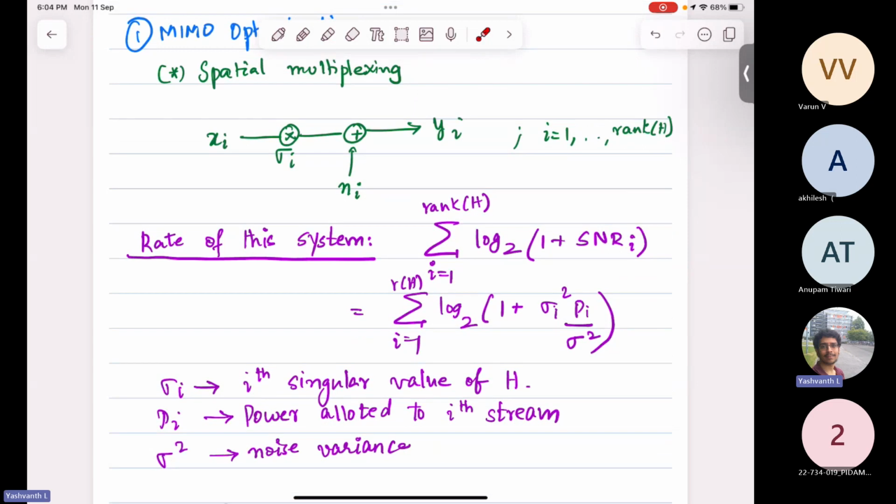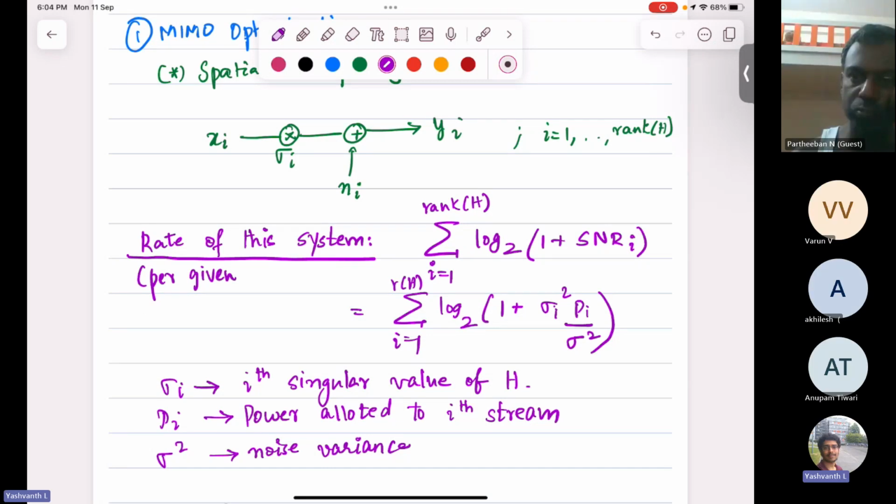We saw in the last session, also introduced by Professor Aditya Jagannatham, the rate achievable from this kind of a system per given bandwidth. Generally we talk about 1 Mbps or 10 Mbps or 100 Mbps. Mbps stands for megabits per second.